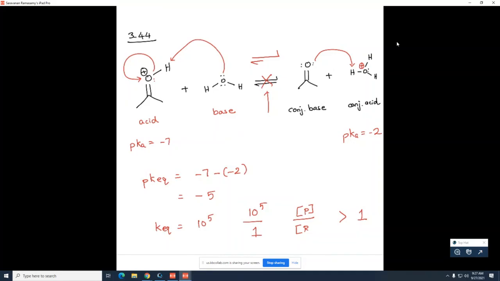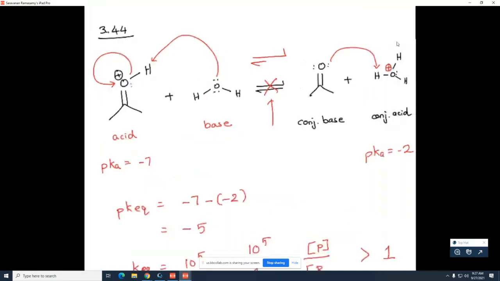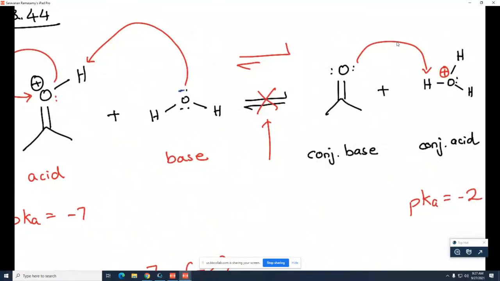Now let's go qualitatively. Can you compare the stability of the two bases? This lone pair was this lone pair. Which one is more stable and why?